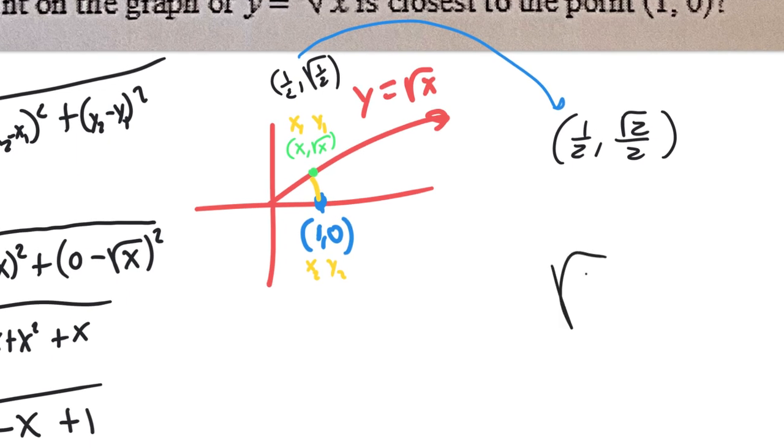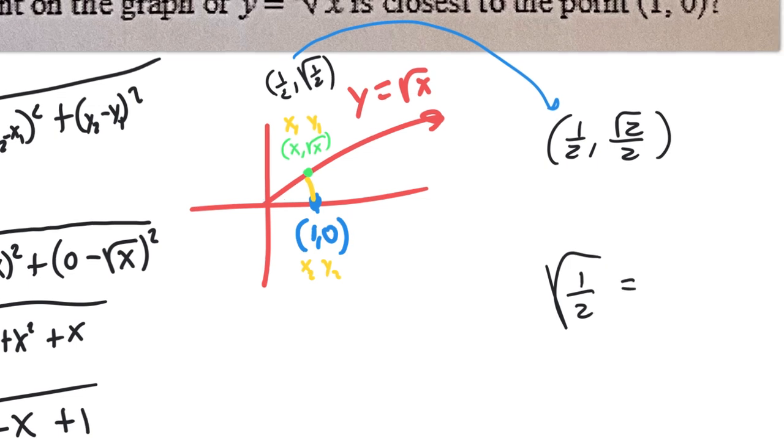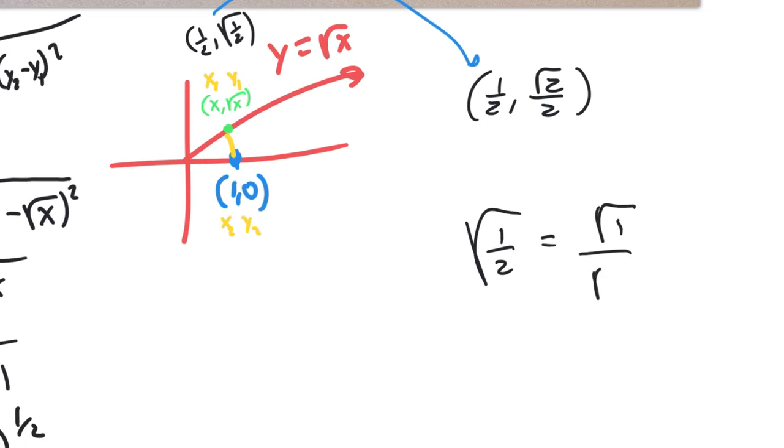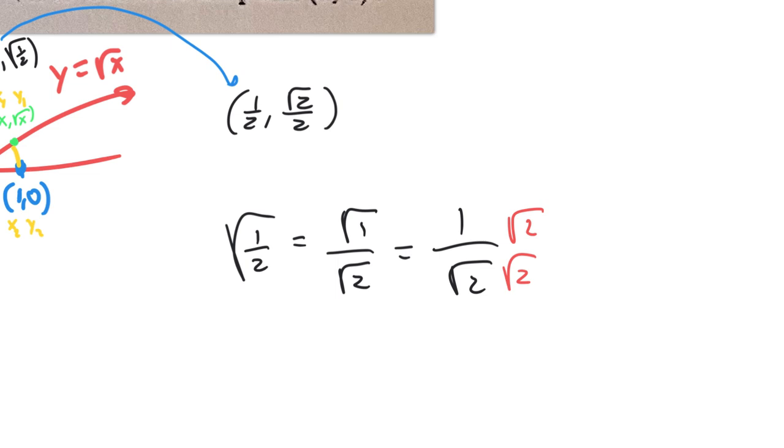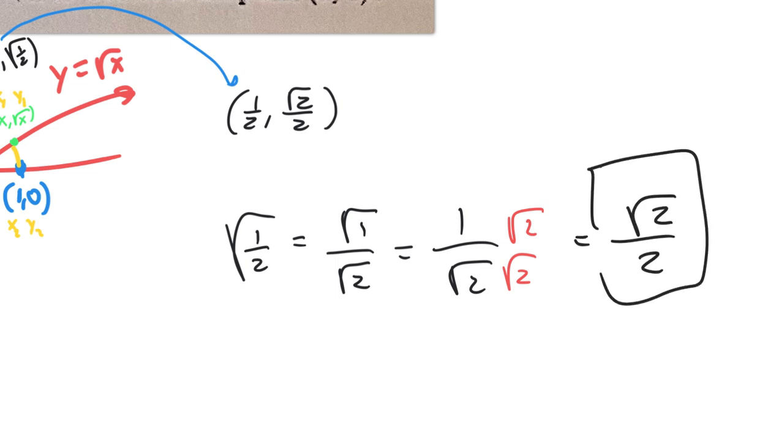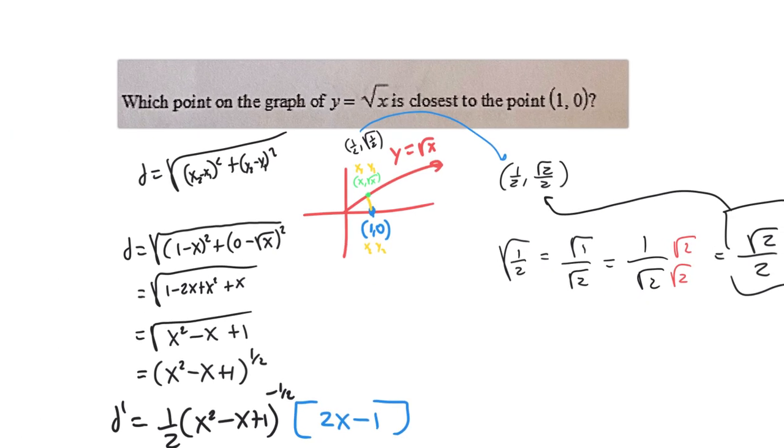In case it's not clear why, just remember this could be represented as this, which could be represented as this, which could then be rationalized, and that would give us this, which is what I wrote here. So that is the answer to that one.